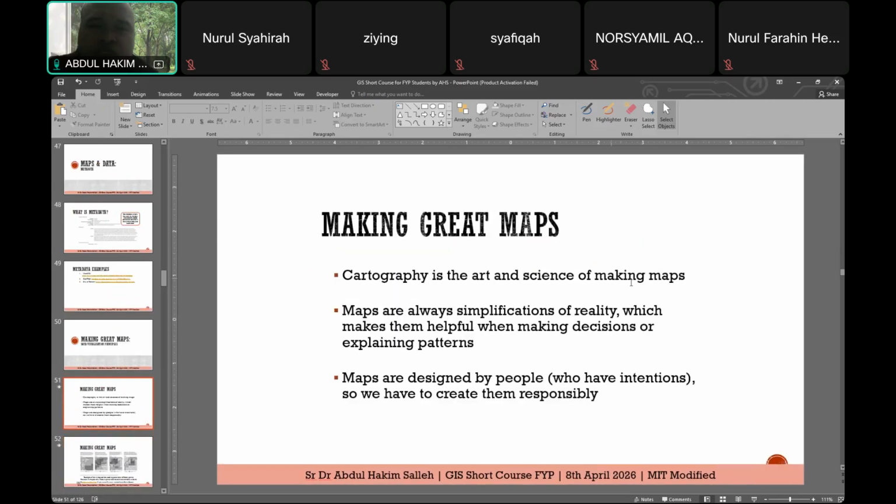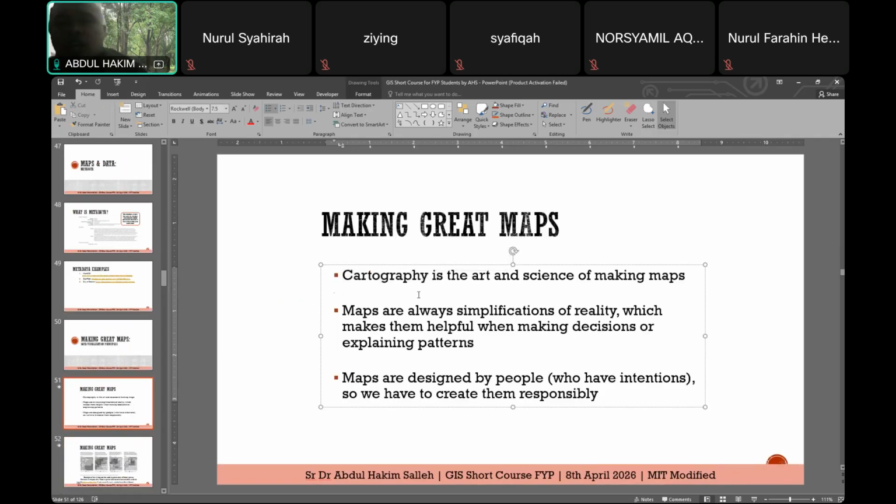Okay, and the study of making this is known as cartography. Cartography. Okay, it teaches you what color combinations for your map. Okay, maps are always simplification of reality, which makes them helpful when making decisions or explaining patterns. Okay.